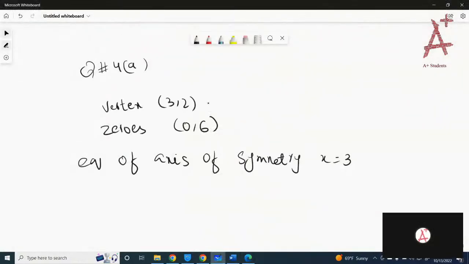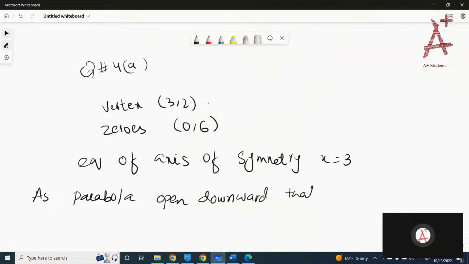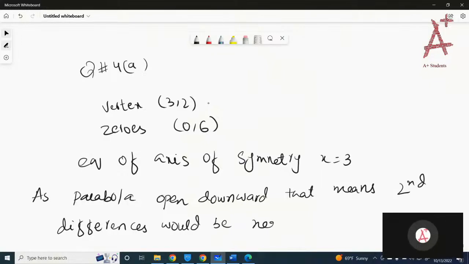You can note down: as the parabola opens downward, that means second differences are negative. Got it? If you have any question, write the question in the chat box. I'll clear your confusion if you have any.